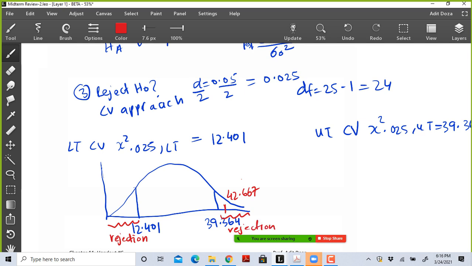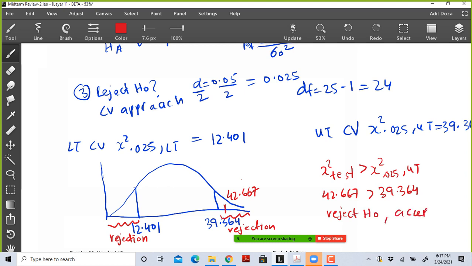So do we reject or not? What do you guys think? Does it fall in the rejection area? Yes. Because our chi-square test statistic is in the upper tail, 42.667 is greater than 39.364. So we reject H naught. That means accept HA.